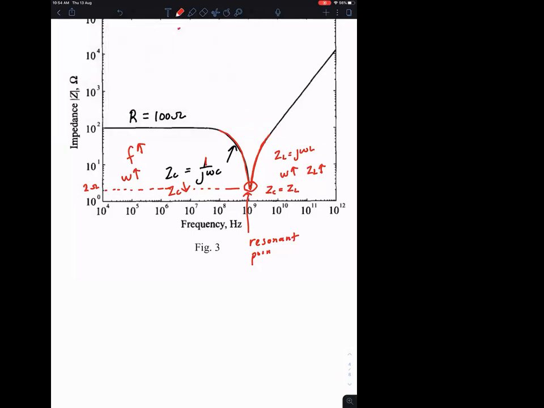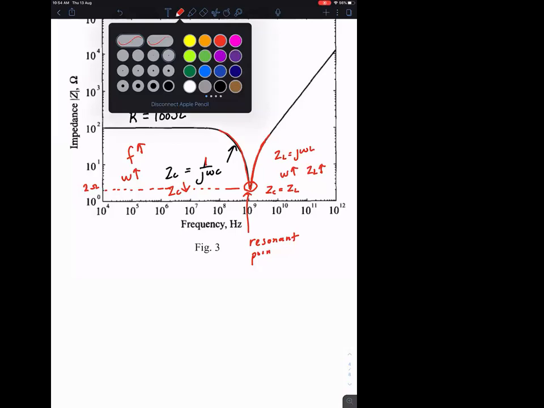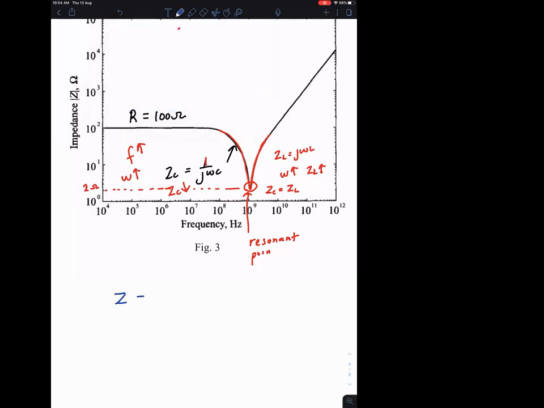Start with the Z. The Z is R at lower frequency, so you can put R there. As the frequency increases, you have a capacitance ZC, at lower frequency, so 1 over j omega C.